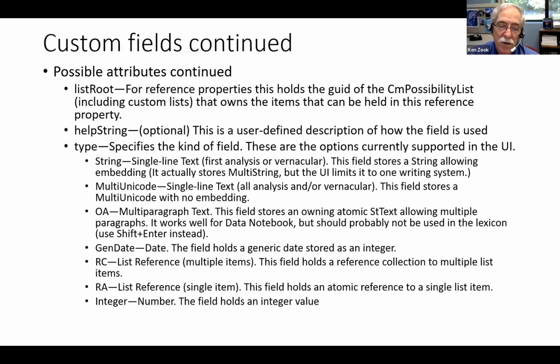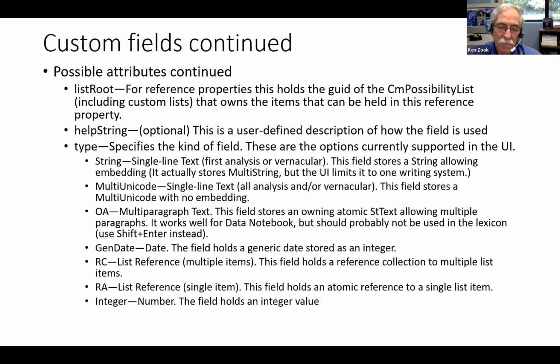You can have a String, that's a single line text, first analysis or vernacular. This field stores a string allowing embedding. It actually stores MultiString, but the UI limits it to one writing system. There's a MultiUnicode type. That's a single line text, all analysis and all vernacular. And this field stores a MultiUnicode with no embedding.